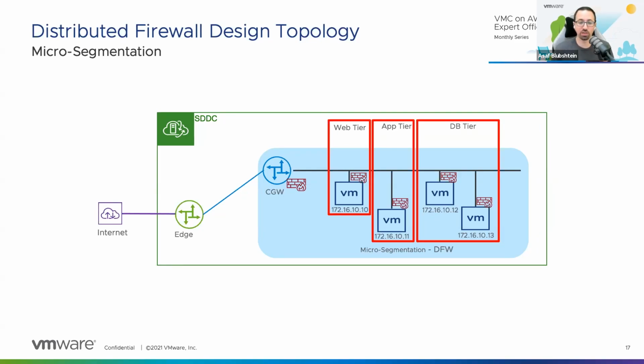This also provides a lot of functionality for grouping VMs, not necessarily based on IP alone. You can if you want, but you can also group VMs based on VM names or on tags, to make the operation of those firewall rules a lot simpler and a lot more dynamic.